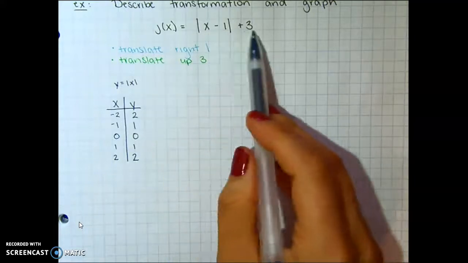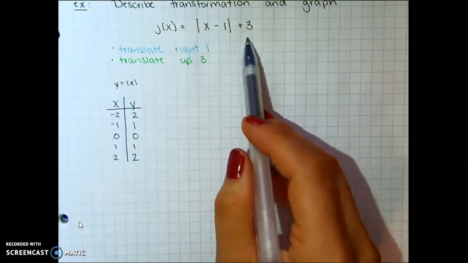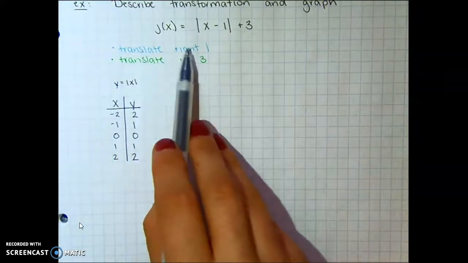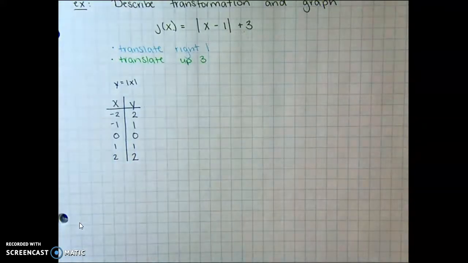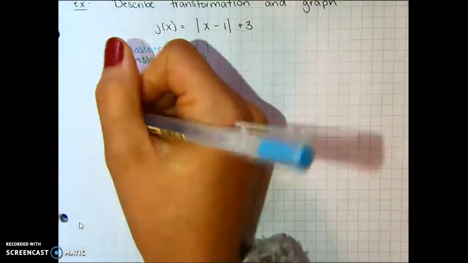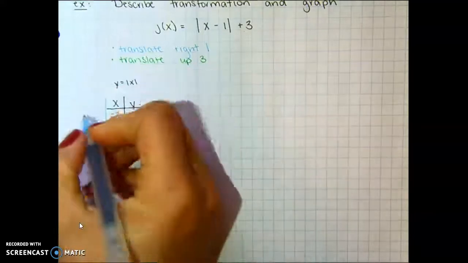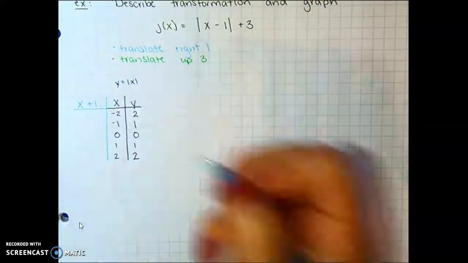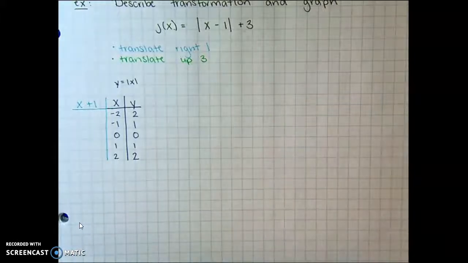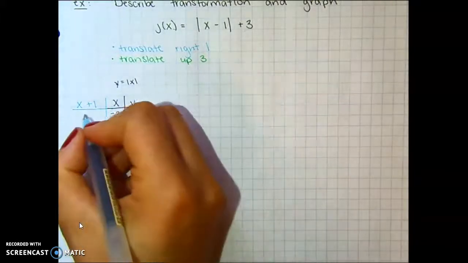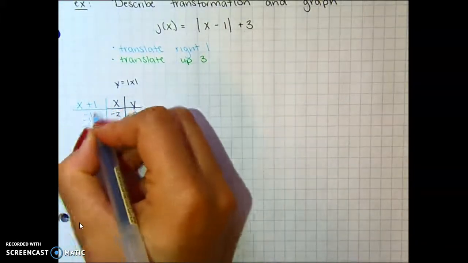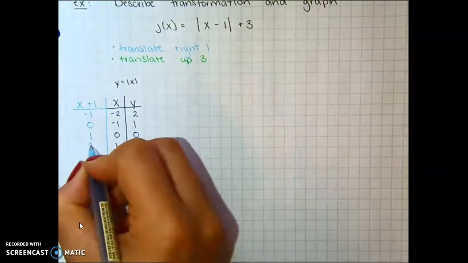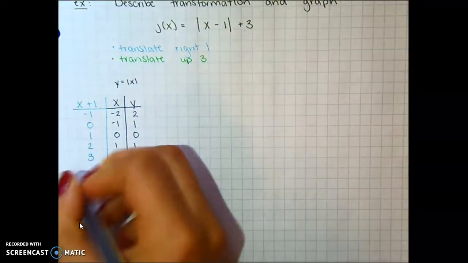We want to graph the new function. So to do that, we can look at how it's been translated. Because it's been translated right 1, all of these are going to be moved right. So we're going to add 1 to all of them. So -2 plus 1 is -1. -1 plus 1 is 0. 0 plus 1, 1 plus 1, and 2 plus 1.